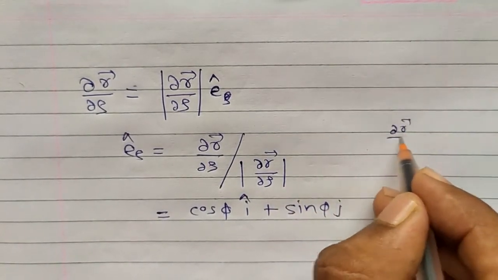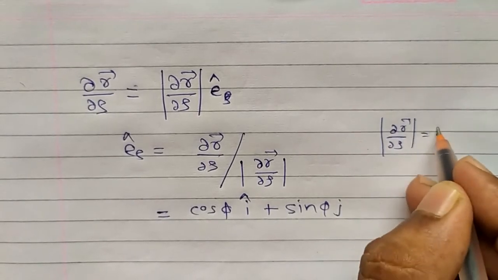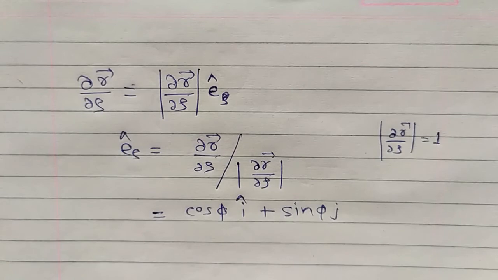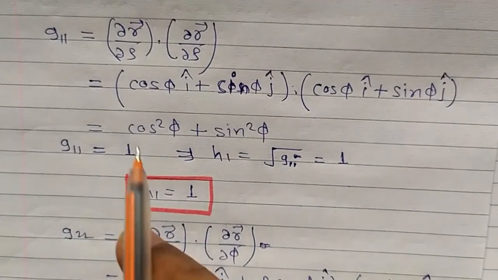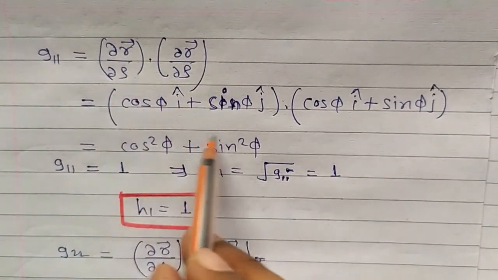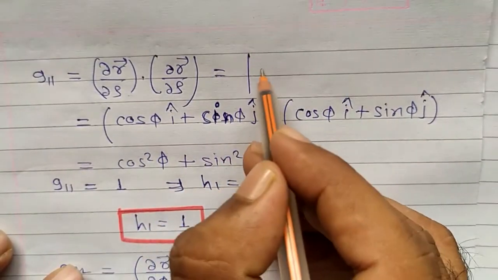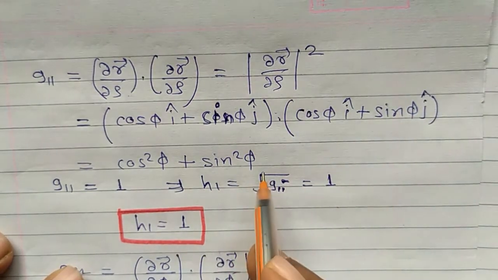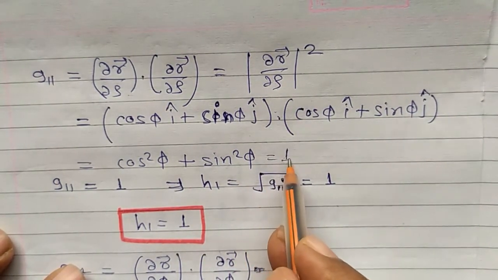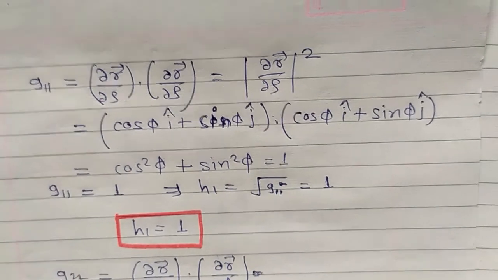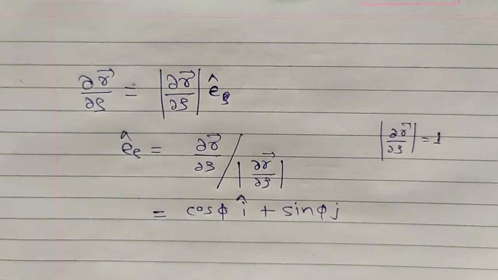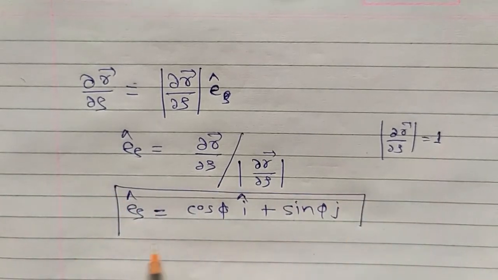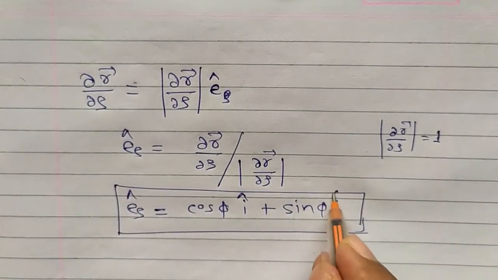Del r bar by del rho is equal to 1. We have found it already on the last page: if you take a dot product with the same vector, it is the square of the magnitude, and you can see it is equal to 1. So if I take the root of that, it will be 1. So I have to divide by 1. So e rho cap is cos phi i cap plus sin phi j cap.